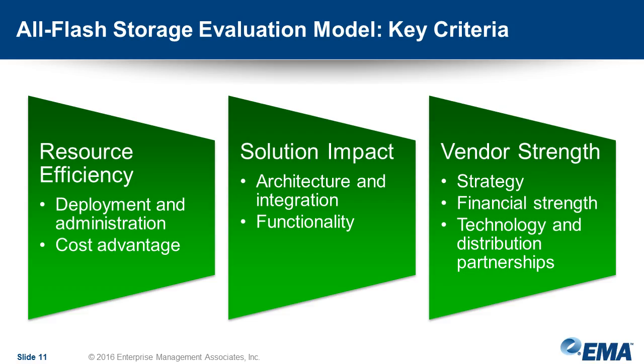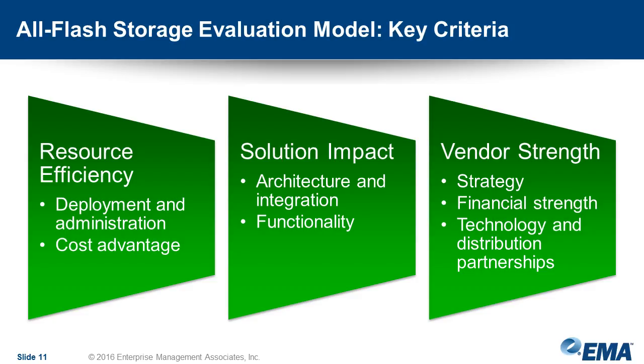So what are some of the key criteria that we look at for a study such as this, which is really an independent and objective comparison? We look at deployment and administration, which is really about how easy it is to implement and utilize the platform.